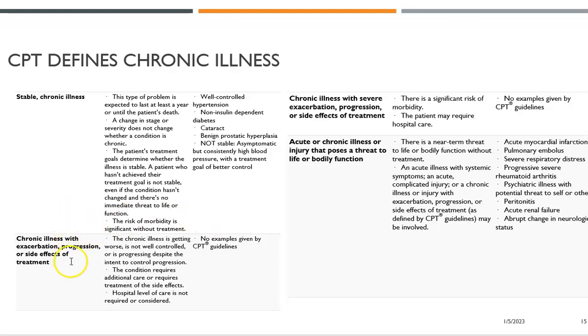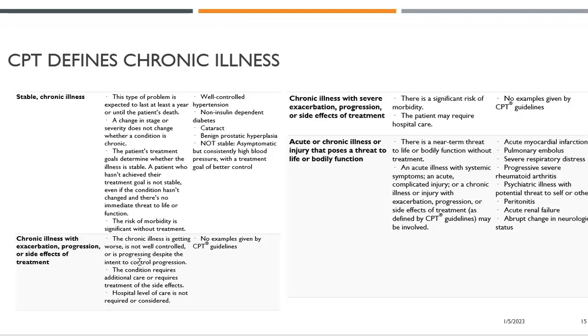And then there's chronic illness with exacerbation, progression, or side effects of treatment. So with this, the chronic illness is getting worse, it's not controlled, and it's progressing. There's no examples that CPT provided, but maybe it's a diabetic who's not in control, right?